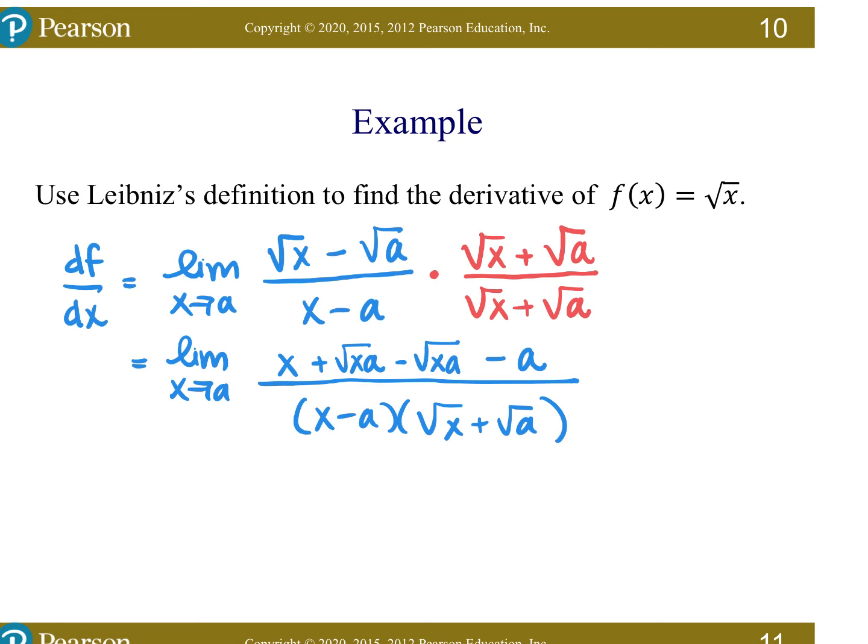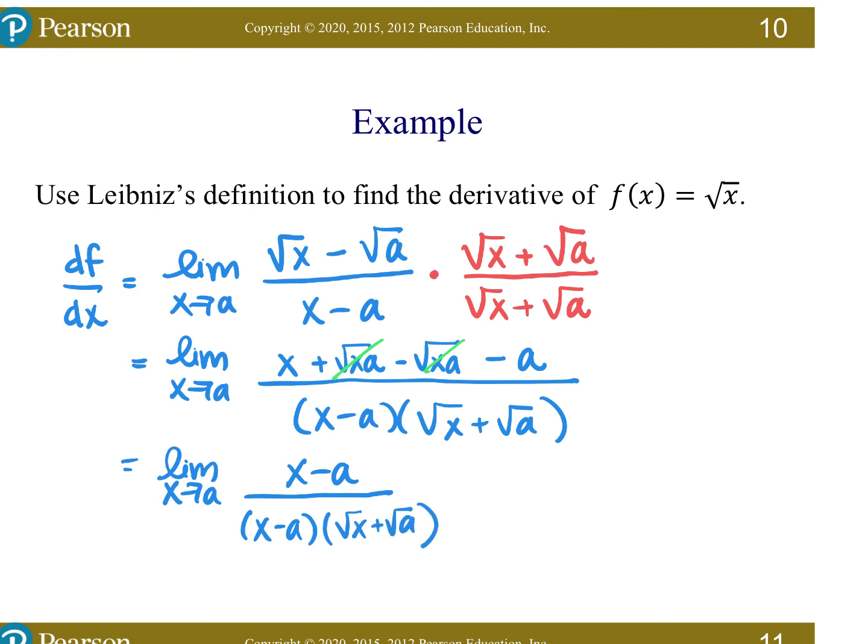The rad x terms cancel with each other, and what I'm left with, oh, isn't that nice, is x minus a by itself on the top, which I also happen to have in the denominator, along with rad x and rad a. So not only do the terms cancel in the numerator, but I also have an opportunity to reduce the denominator.